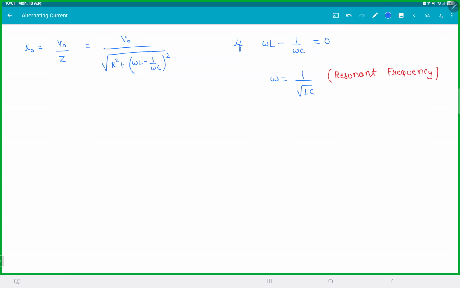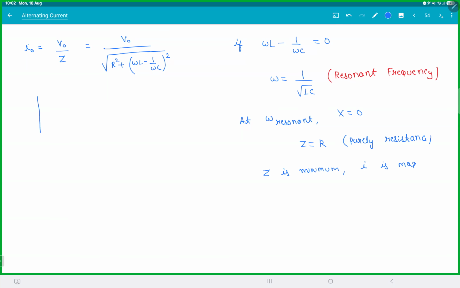This is the same thing we got in LC oscillations. At this resonant frequency, X of the circuit becomes 0 and Z becomes equal to R. The circuit becomes purely resistive, Z is minimum, and I is maximum.